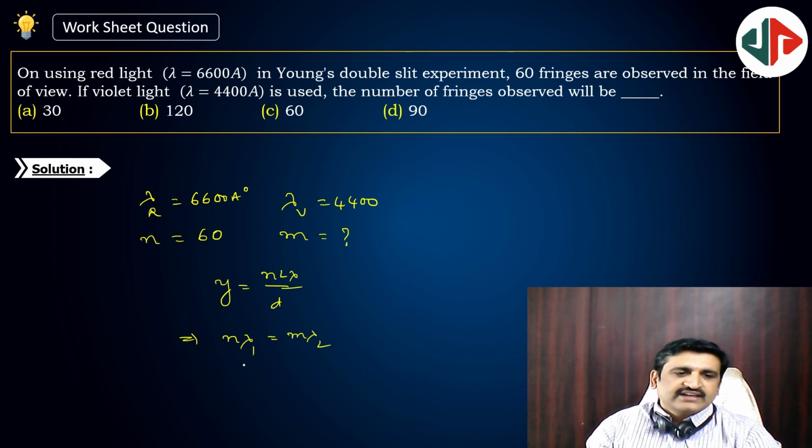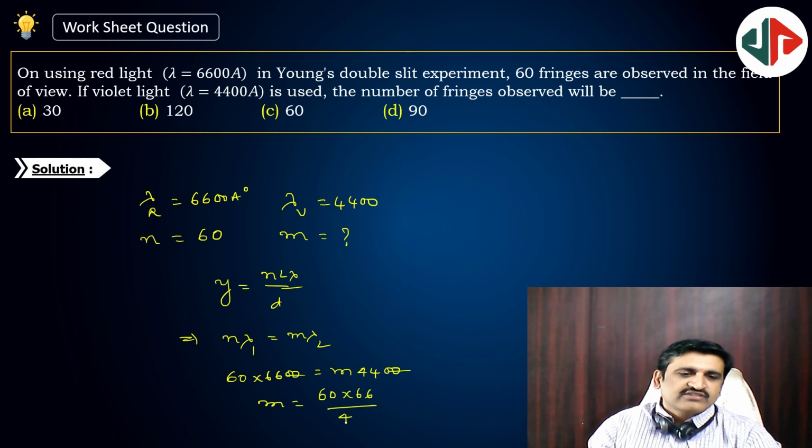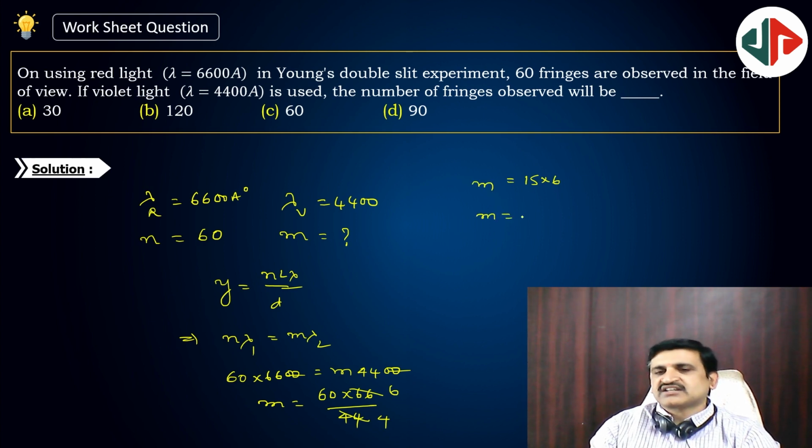So N1, 6600 is equal to M lambda 2, 4400. So the zeros will go. So M is equal to 60 into 66 by 44. 11 table 6 times, 11 table 4 times. So 15 into 6, M is equal to 90.